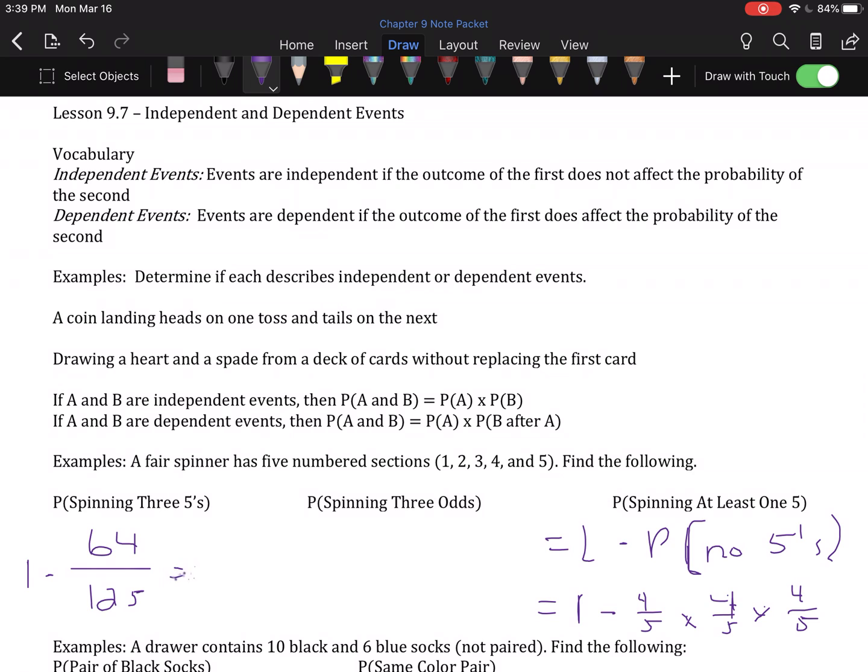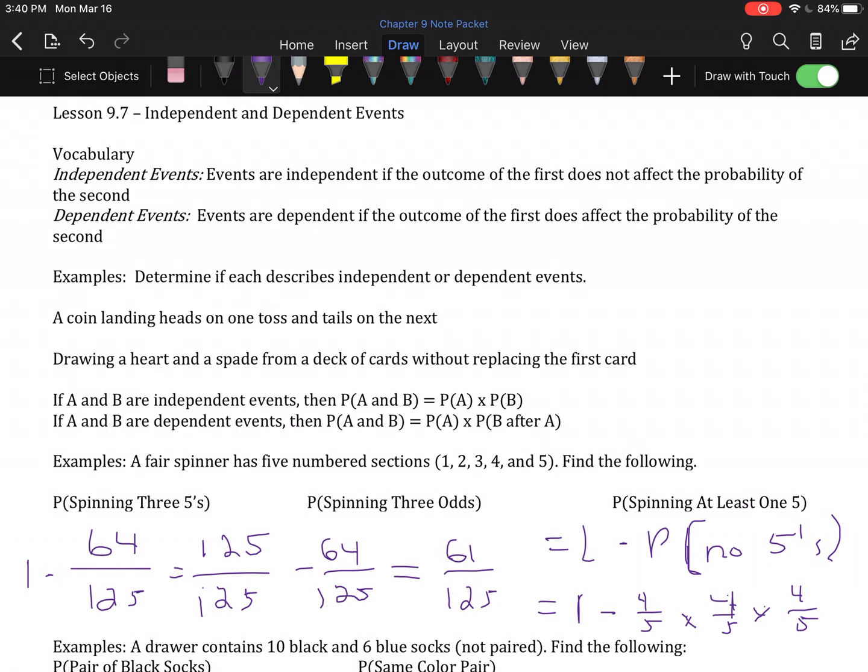So let's make our lives a little simpler. Let's turn that 1 into 125 over 125. We're going to subtract 64 over 125. And let's see, 125, take away 64, should be, if I've done my mental math correctly, 61 over 125.